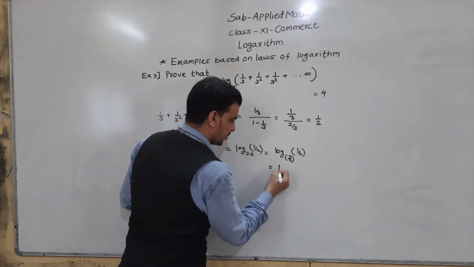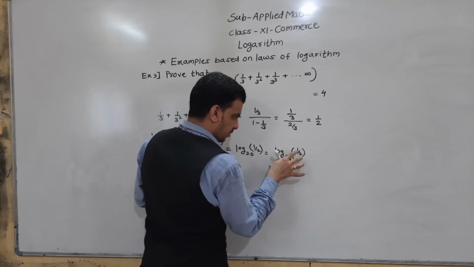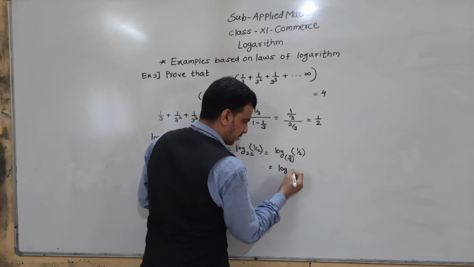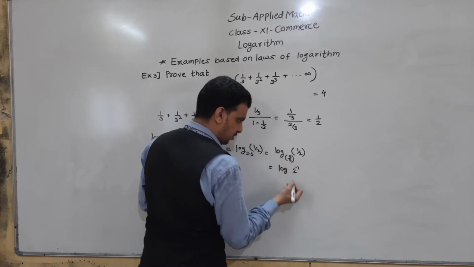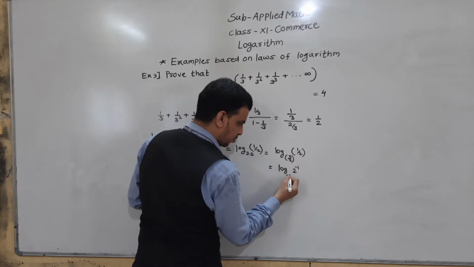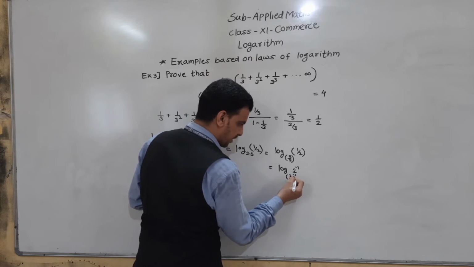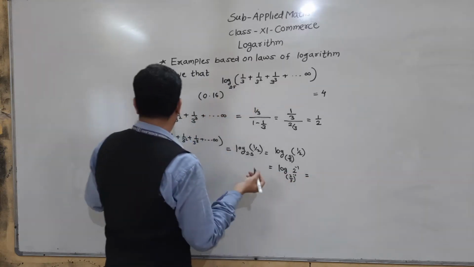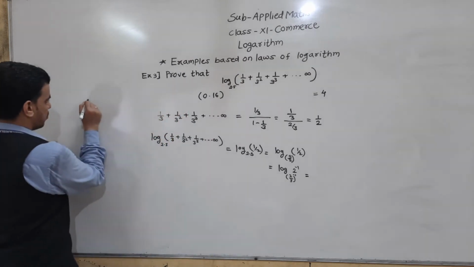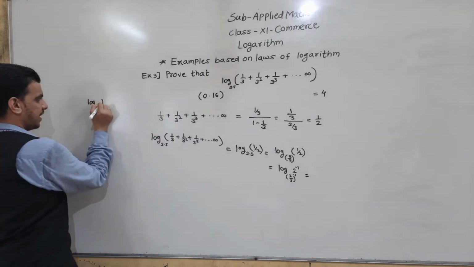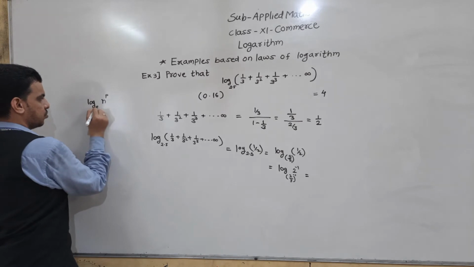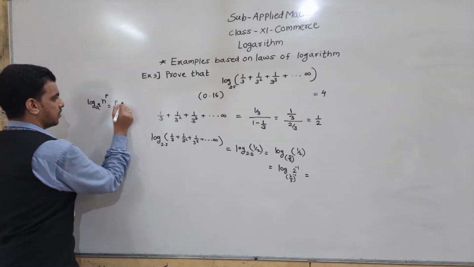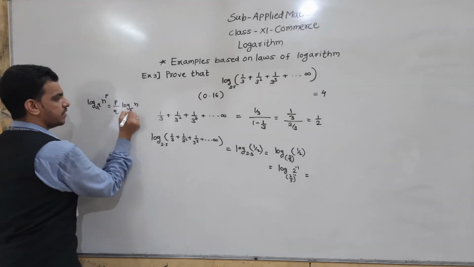Okay, now I am taking reciprocal of both. So 1 by 2 I can write as 2 raised to minus 1, and 5 by 2 I can write as 2 by 5 raised to minus 1. Okay, so again the same property we have to use: log of n raised to p to the base a raised to q is p by q into log n to the base a.